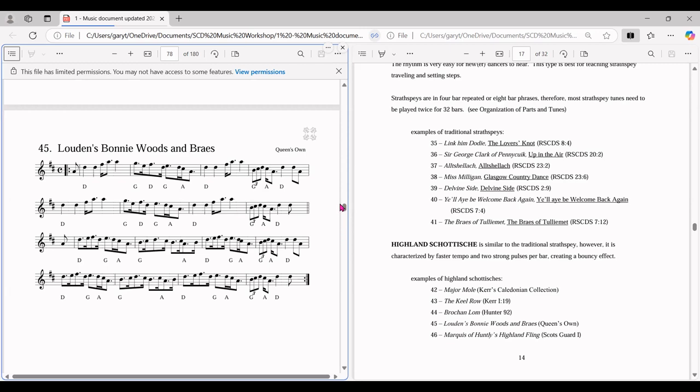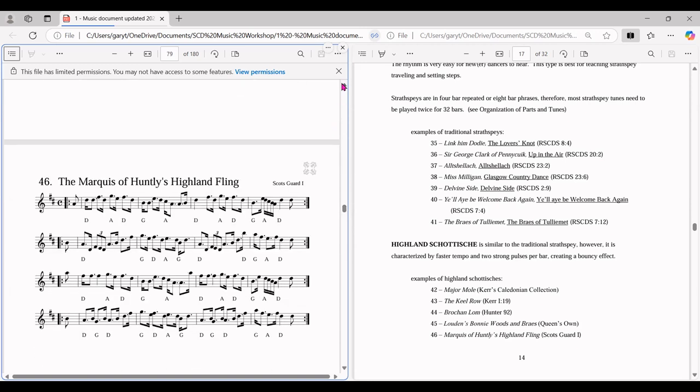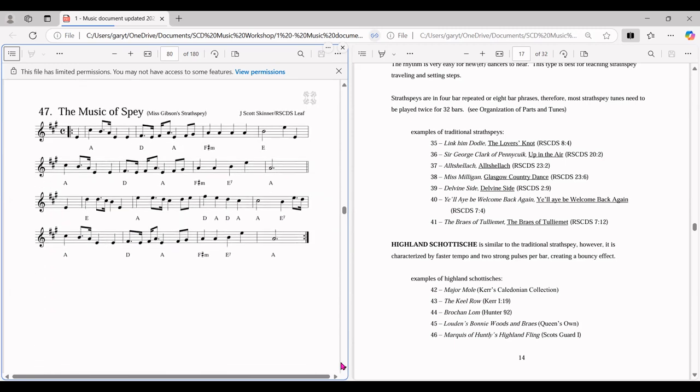In the category modernly known as Strathspey these days, we include airs. Beautiful tunes. We have The Music of Spey, number 47 for Miss Gibson's.